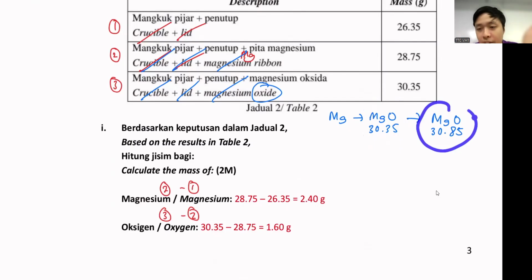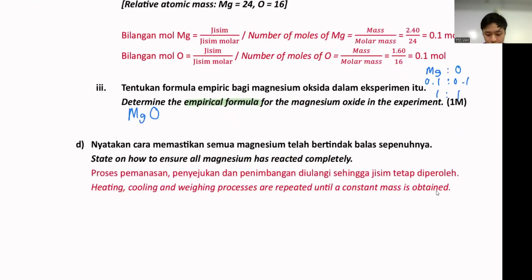So yeah, you have to repeat again those three processes until you get the constant mass. And then only you can confirm all Mg become MgO. This step is to ensure all the magnesium has completely reacted. Okay, so yes, heating, cooling, weighing processes repeated until a constant mass.